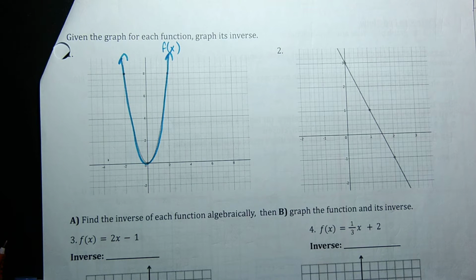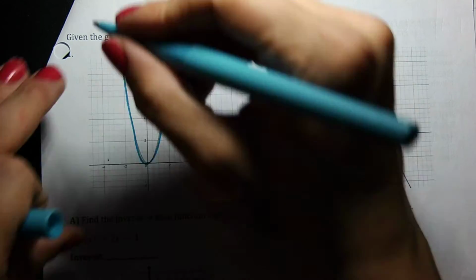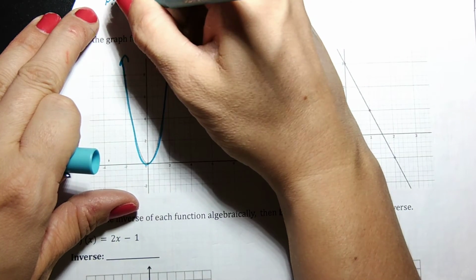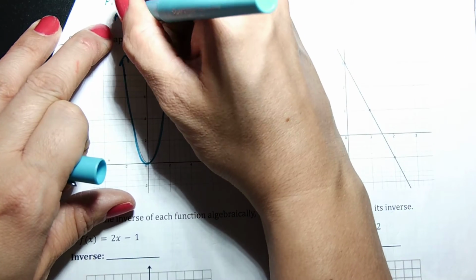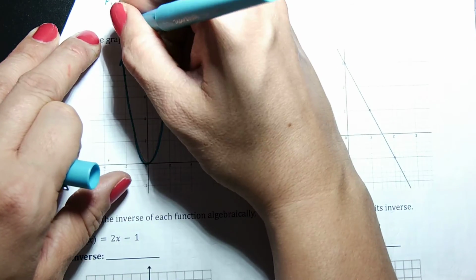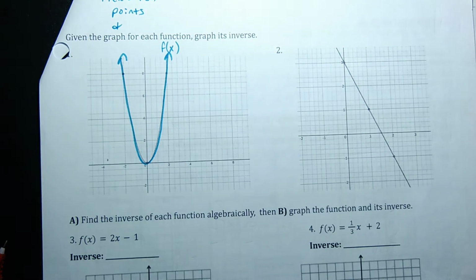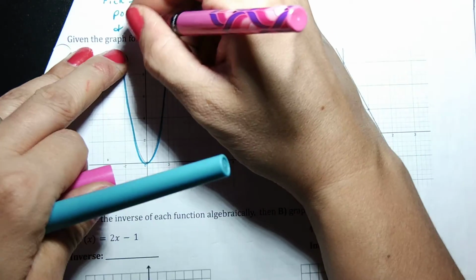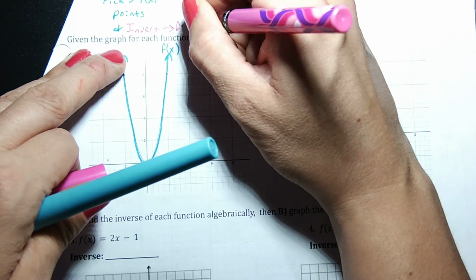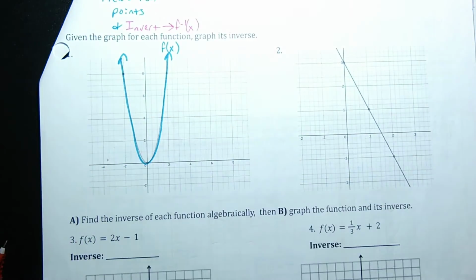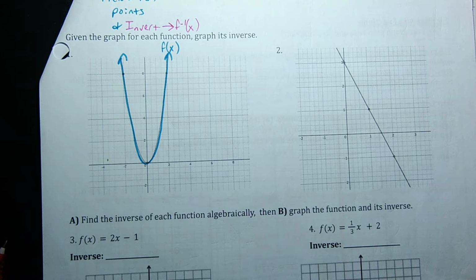In order for me to invert a graph, we are going to pick 3 f of x points and invert them to make f to the -1 of x, or the inverse of f of x's table.